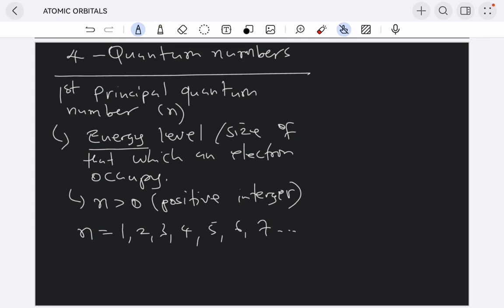This is the most important information that we have to know about a principal quantum number. So it tells us the energy level that an electron occupies.